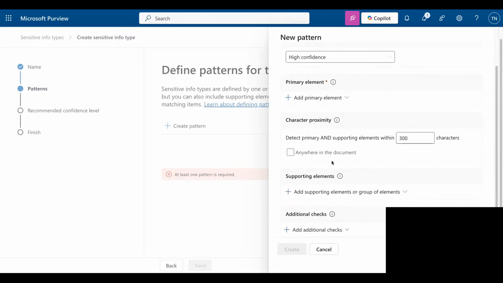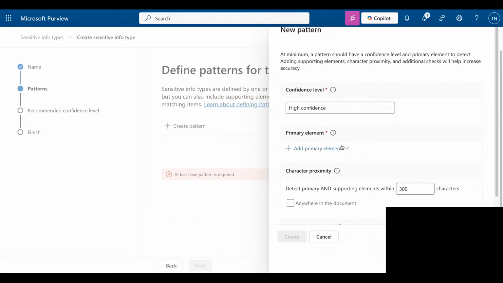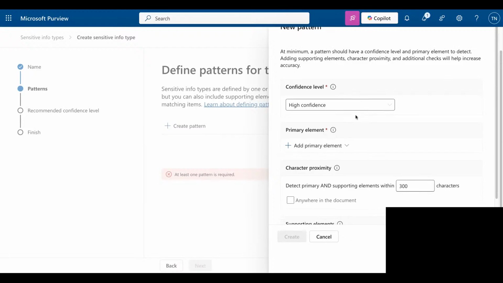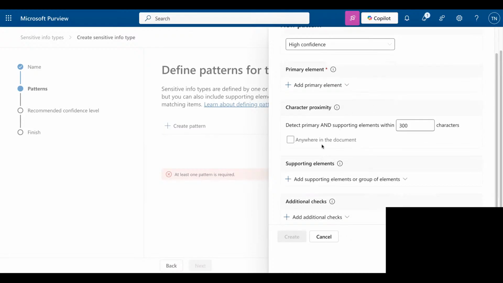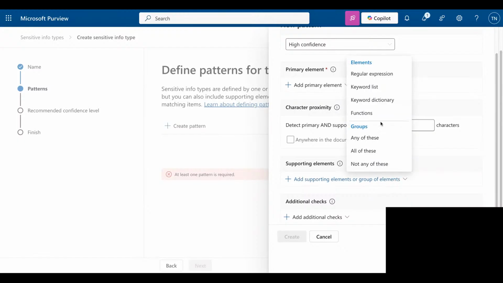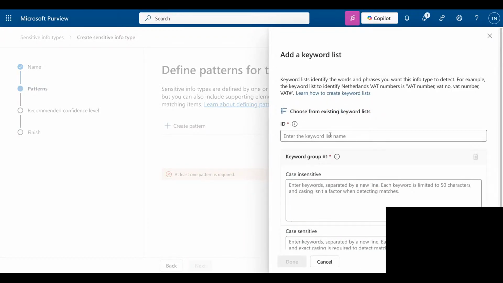So I can come here, I can use different methods of detecting. I can use a regular expression, I can use a keyword list, keyword dictionary, or functions. With a keyword list, I can enter the specific keywords that I'm trying to monitor.